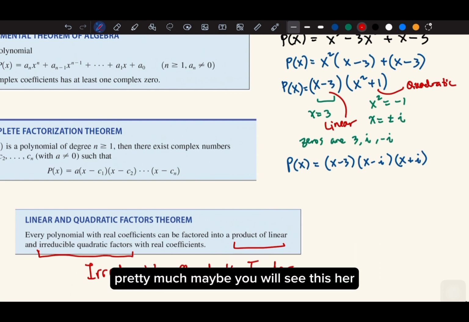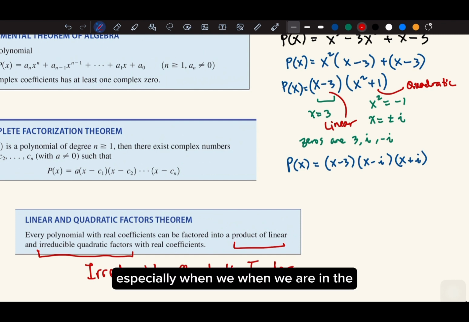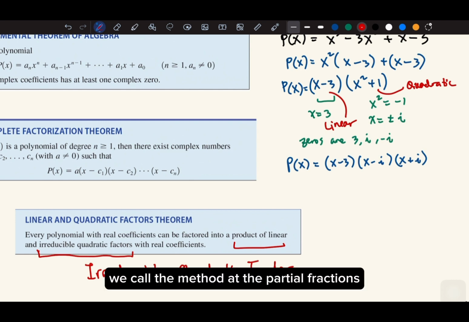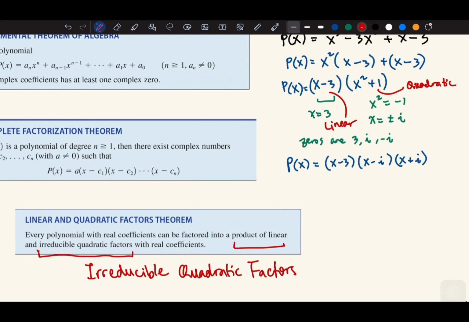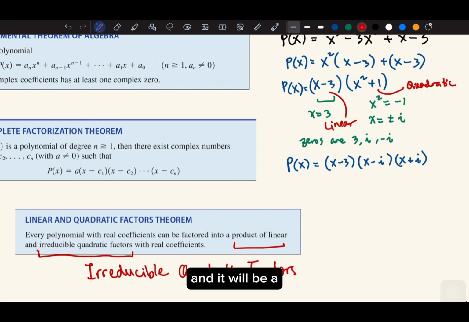Pretty much maybe you will see this term when we deal with integration, especially with the method we call partial fractions. And in partial fractions, you will see that there will be a linear and then a quadratic fraction.